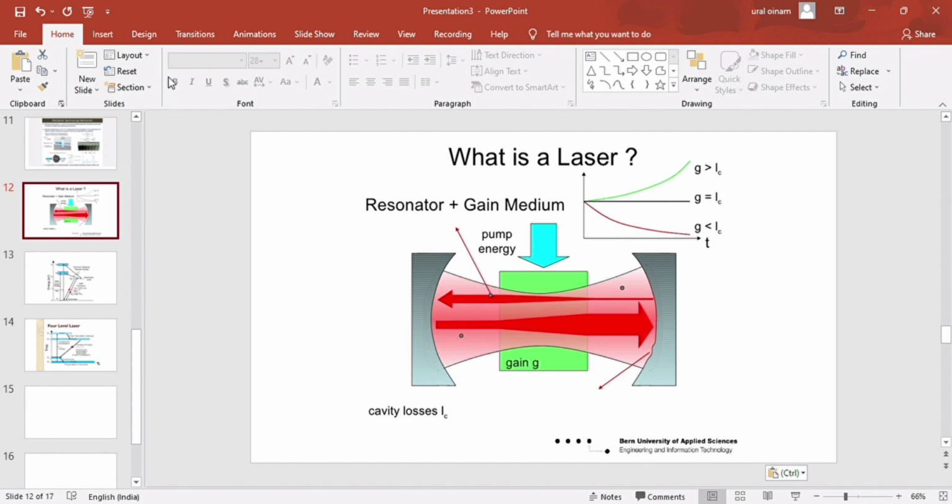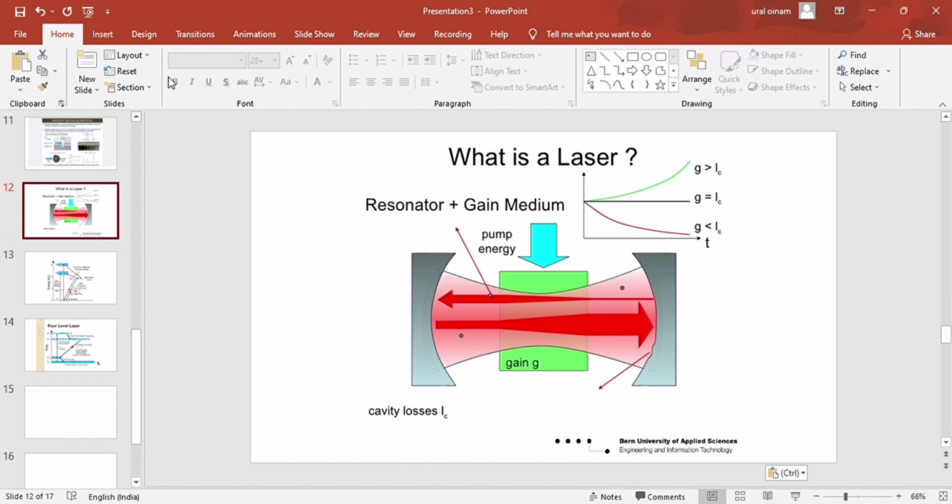So when it is being pumped, the electron moves to a higher energy state, and it has to come down. And when it comes down to a lower energy state, it gives out a photon, and this emitted photon is reflected back and forth between the two mirrors, which in the figure is the gray part.